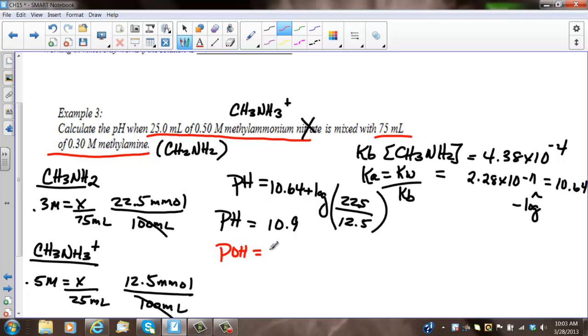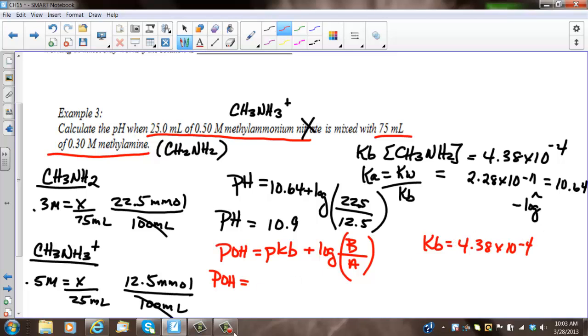pOH equals pKb plus the log of the base over the acid. So if I use my Kb over here, my Kb was 4.38 times 10 to the negative 4.